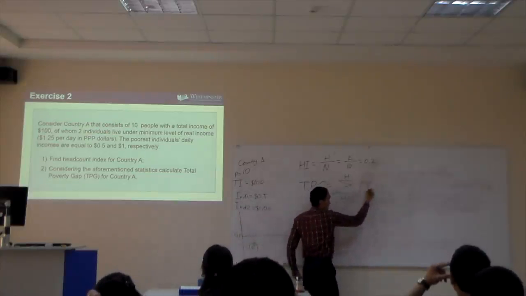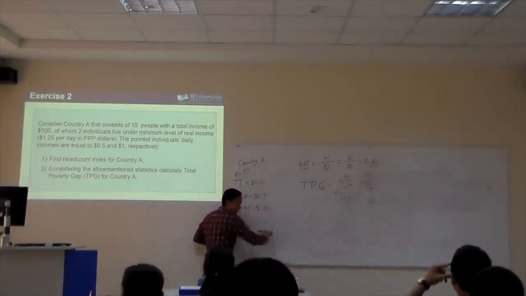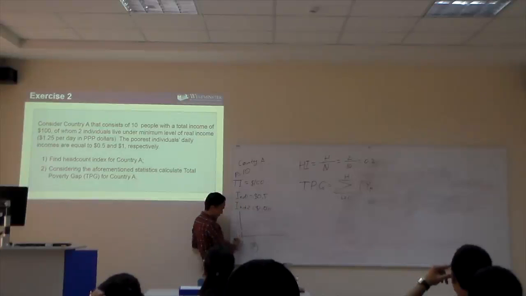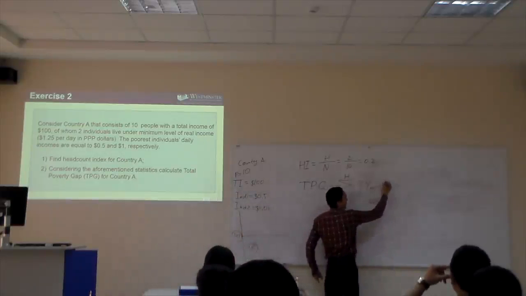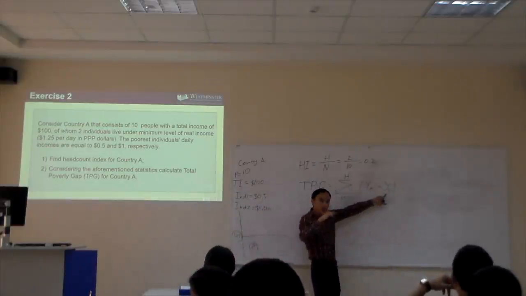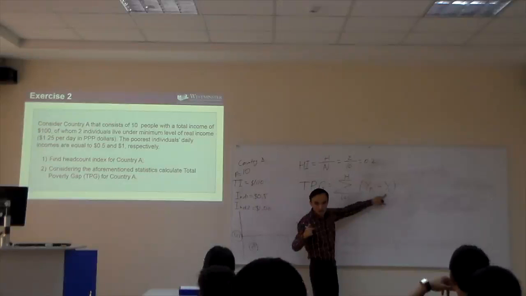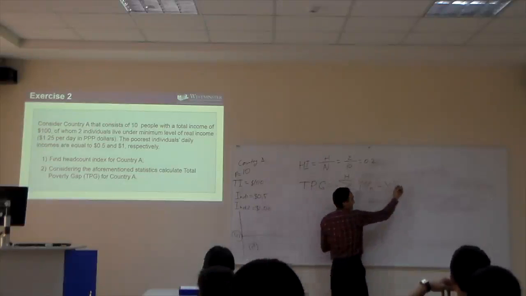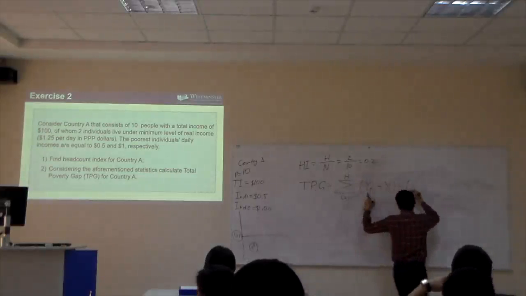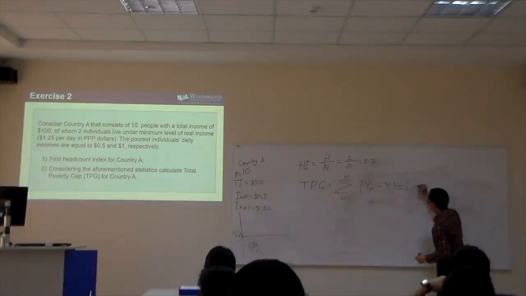And YP represents threshold value. Minimum level. So which is equal to 1.25. And we have minus YI, household incomes of each absolutely poor person. Okay? So now let's calculate. So now we know what YP is equal to, right? YP is equal to 1.25.